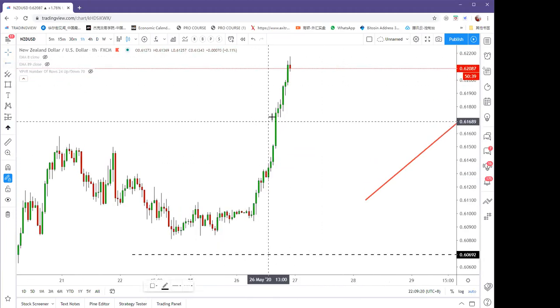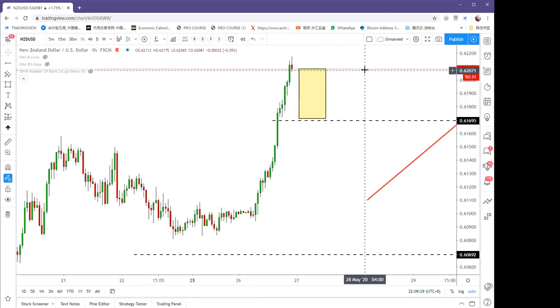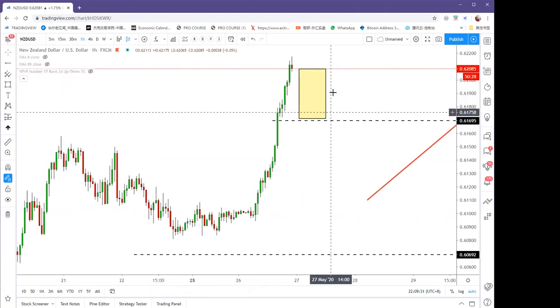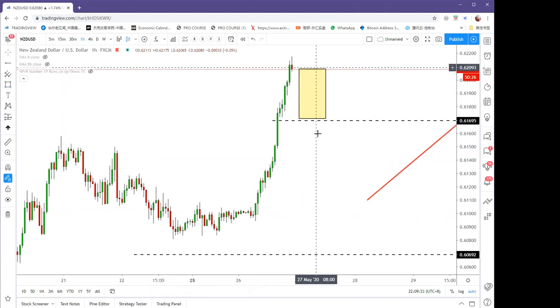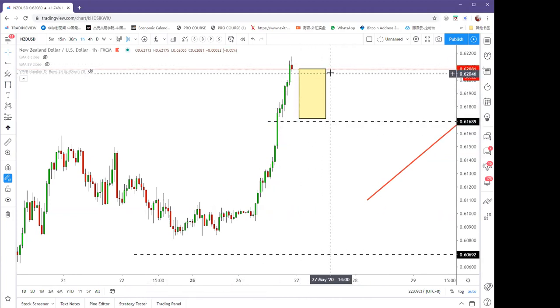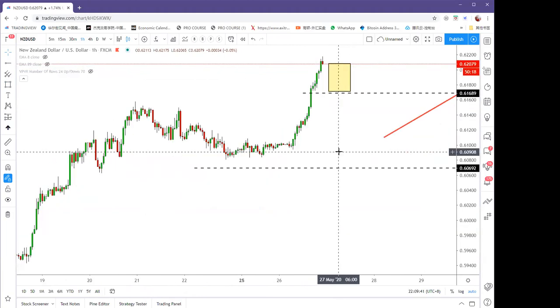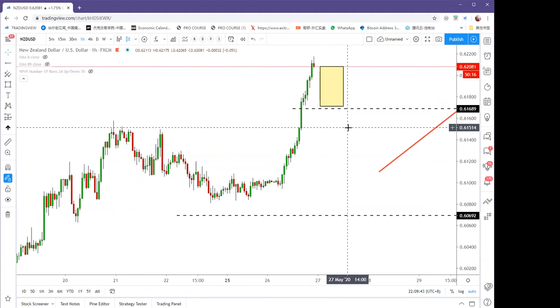I think a good place to set your stop is 0.6169. So now we have about 40 pips risk. If you open one trade, you are going to risk $400. So $400 risk for a potential 5,000 US dollars. I think that's really good.